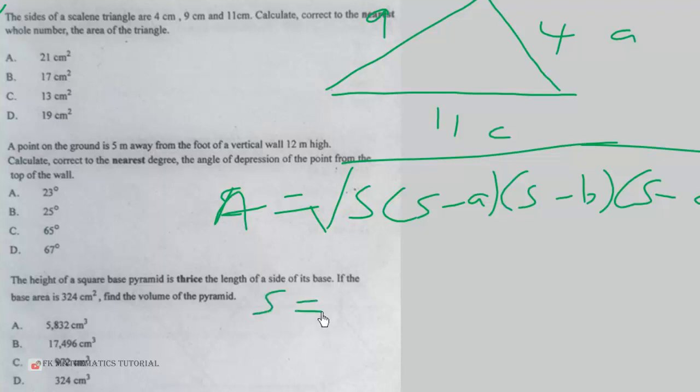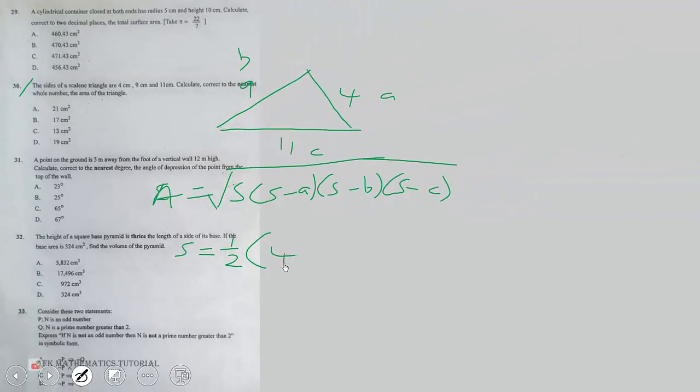Now the area of this triangle is given by A equals the square root of S into bracket S minus a into bracket S minus b into bracket S minus c, where a, b, c are the sides of the triangle and S is the semi-perimeter of the triangle. So we'll find half of the perimeter of the triangle, which is a plus b plus c, 4 plus 9 plus 11. The semi-perimeter will give us half of 24, which is 12.